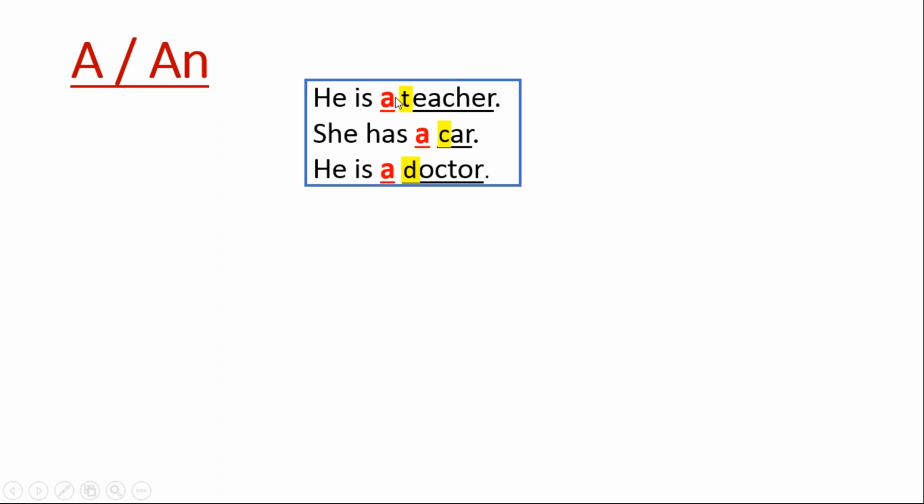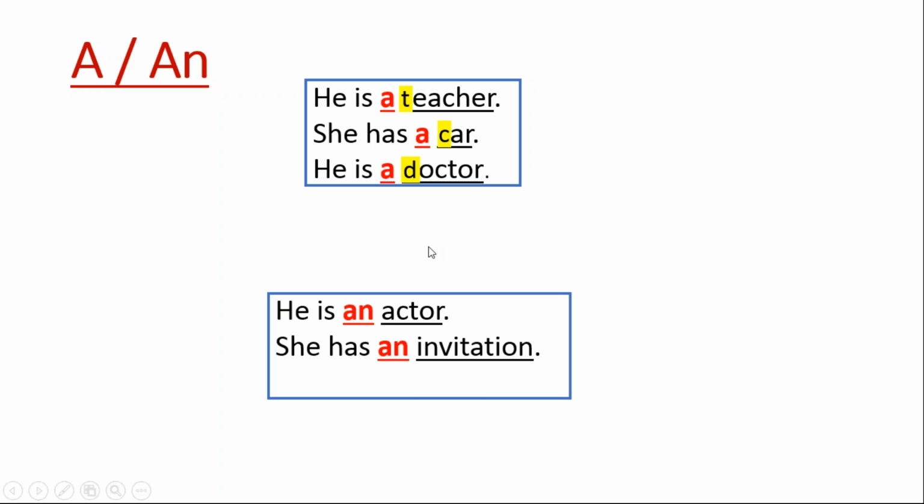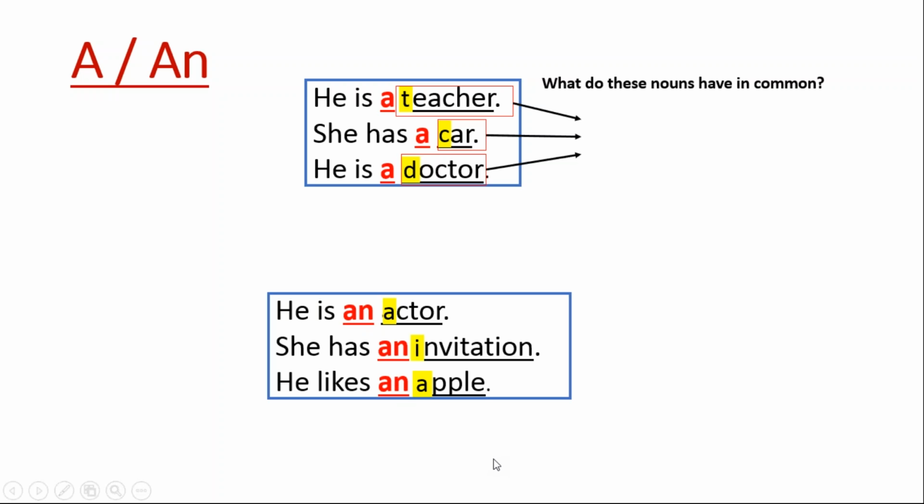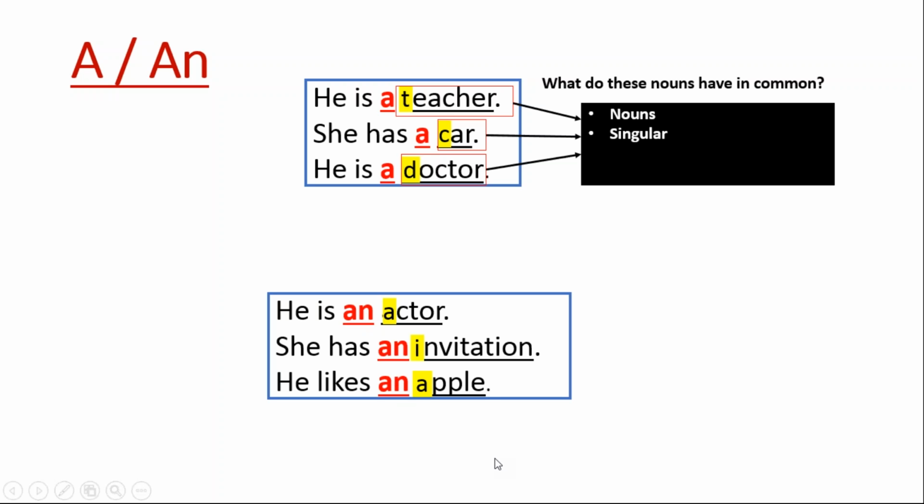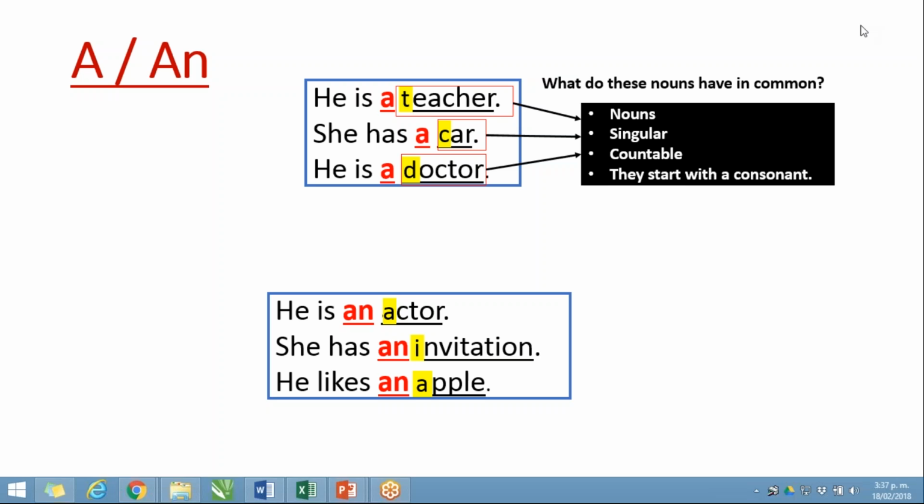And you use a when the word starts with a consonant. Cuando comienza con una consonante, con un sonido consonante, ojo, sonido consonante, la palabra que está aquí es sustantivo, entonces en esos casos utilizo a. ¿Ok? Si tengo un sonido vocal, utilizo an. ¿Ok? Y básicamente en los dos casos lo que tienen en común es que estos acá son sustantivos en singular y son contables. Y en este caso comienzan con una consonante.